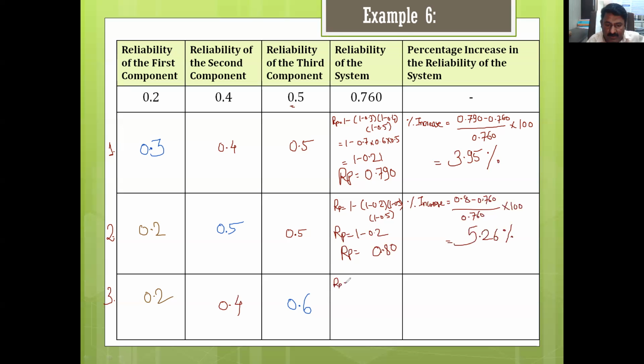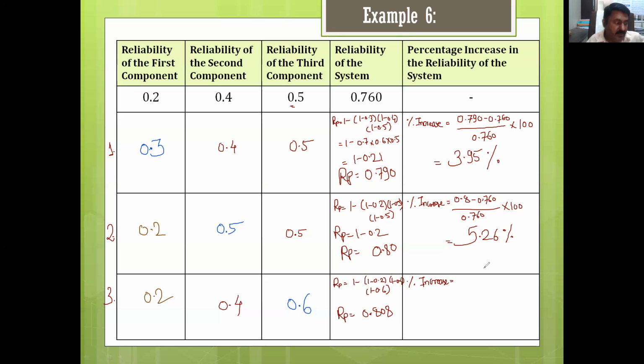So now friends, RP is equal to 1 minus 0.2, 1 minus 0.4, 1 minus 0.6. You will get here RP value as 0.808.